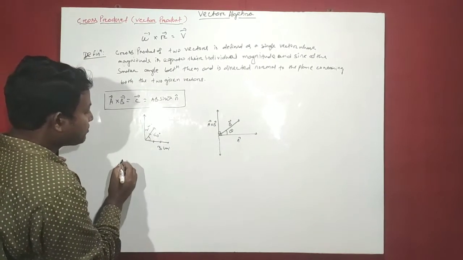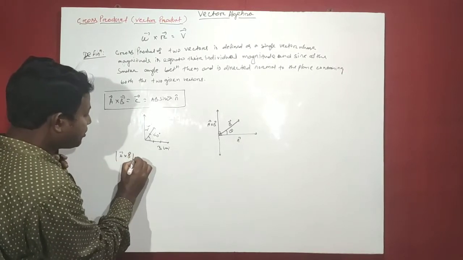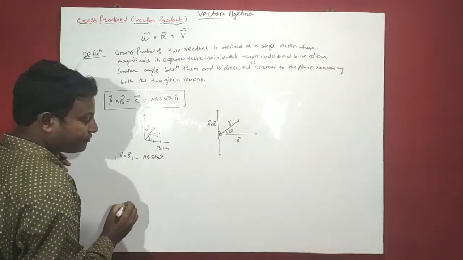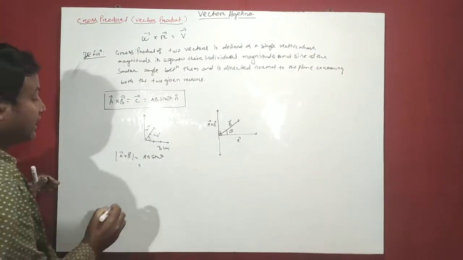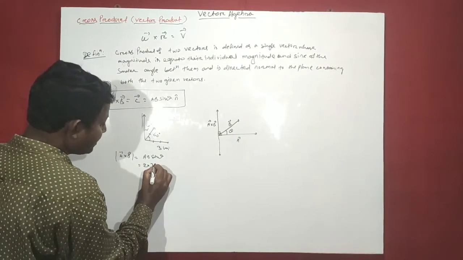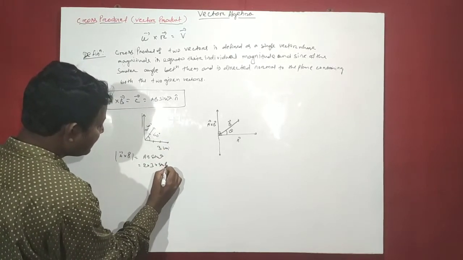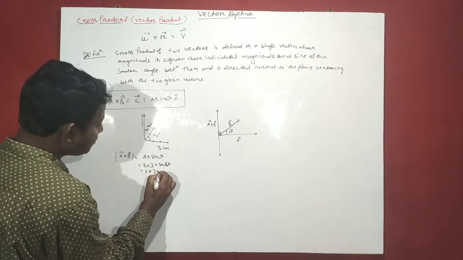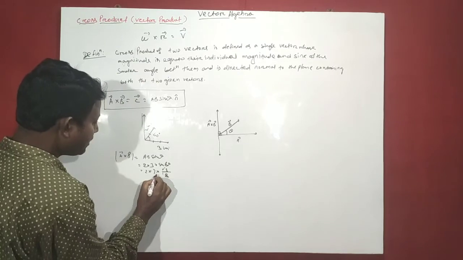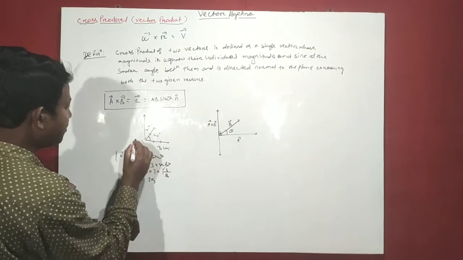So what will be A cross B? The magnitude of A cross B is AB sin theta. That means 2 into 3 into sin 60 degrees, and sin 60 is root 3 by 2, so that is 3 root 3 units.